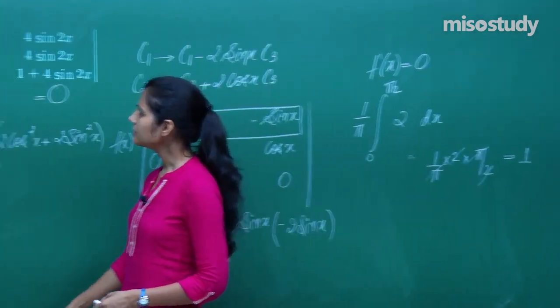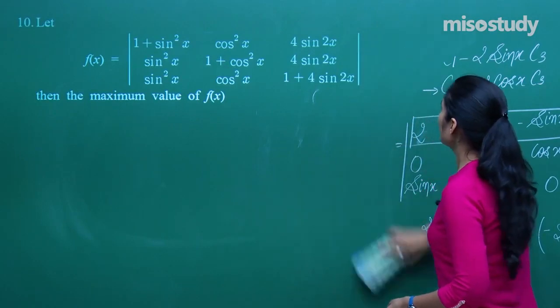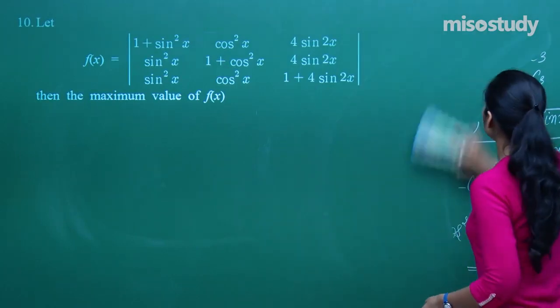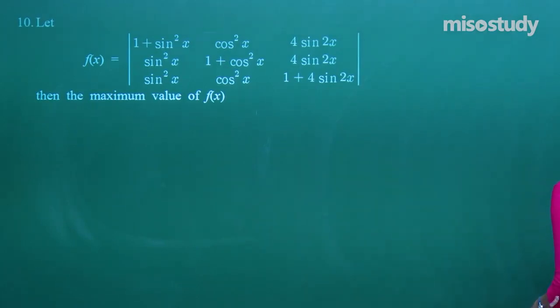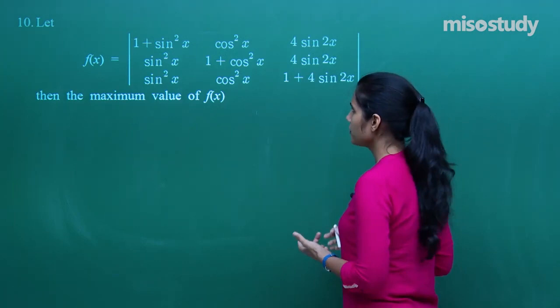We have this determinant given as a function f(x). We are asked to compute the maximum value of f(x). Let's see. Okay, so this is your f(x). Let's try to apply operations to simplify our f(x).